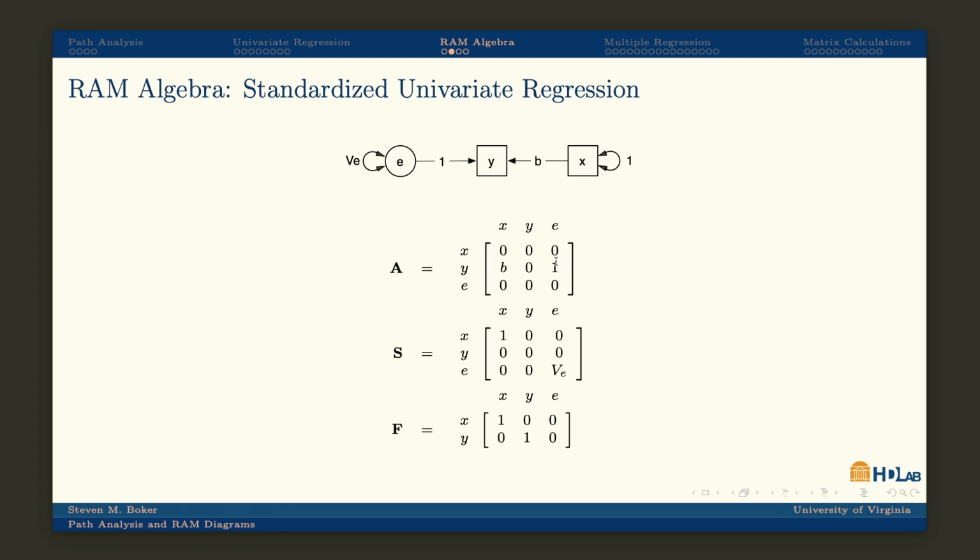Now you're doing exactly what OpenMx does when you, as a scripter, write mxPath from x to y, arrows equals 1. That's exactly what it's doing. It's saying, okay, you want to put something in the cell, column representing x, row representing y.